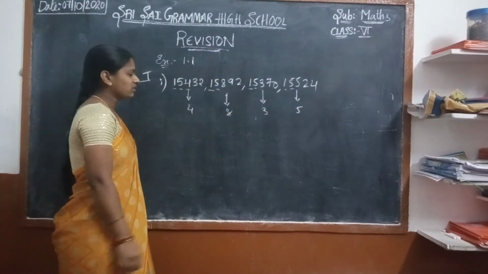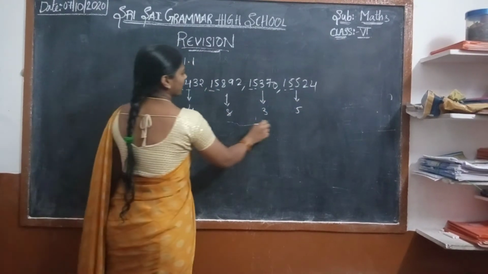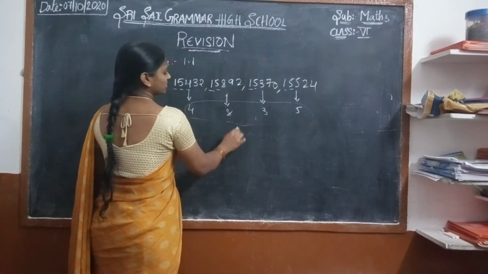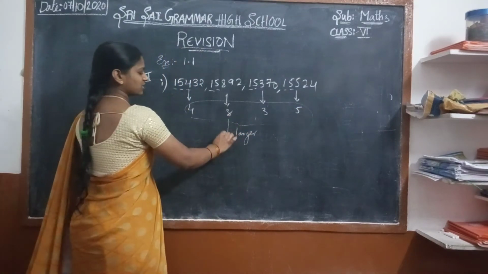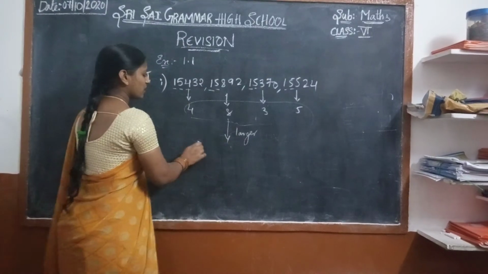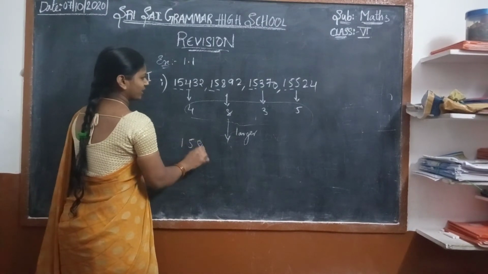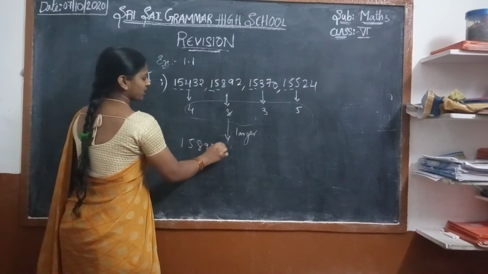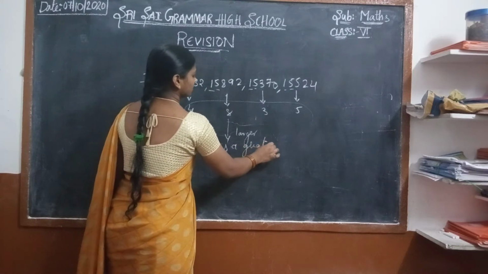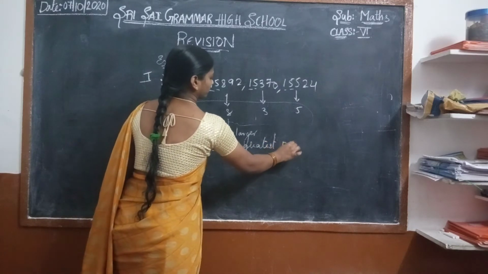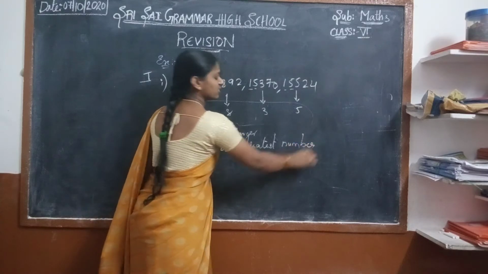Which is the larger number? 8 is the biggest number. So 15892 is the greatest number.